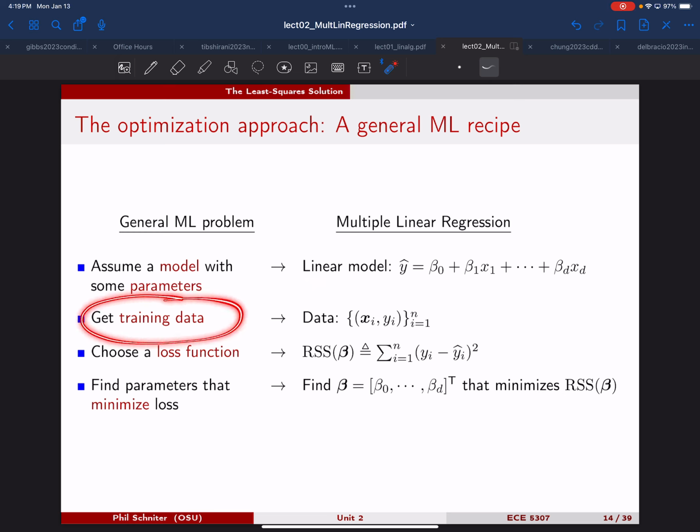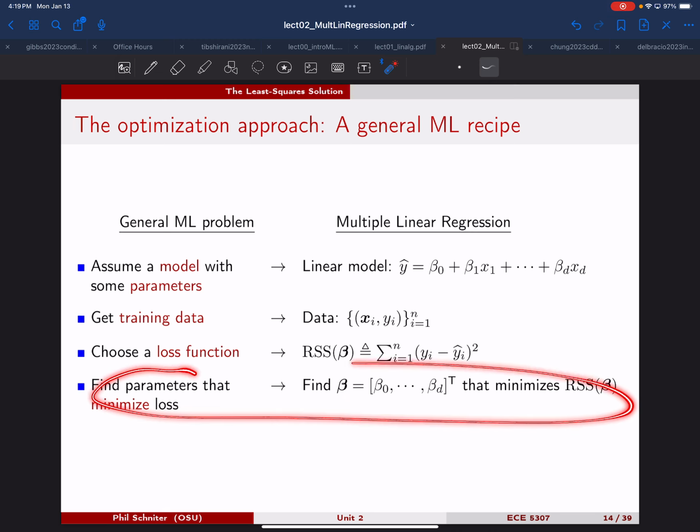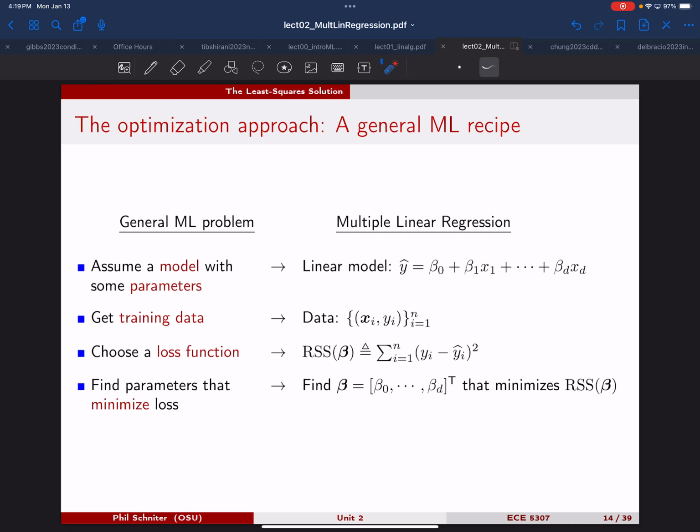You get some training data. In our case, we have these x, y pairs, n of them. You choose a loss function. In our case, we've chosen this RSS loss. And finally, you find parameters that minimize the loss. So in this case, find the beta that minimizes RSS. So right now, we are at this last step. We need to figure out how to do this next.